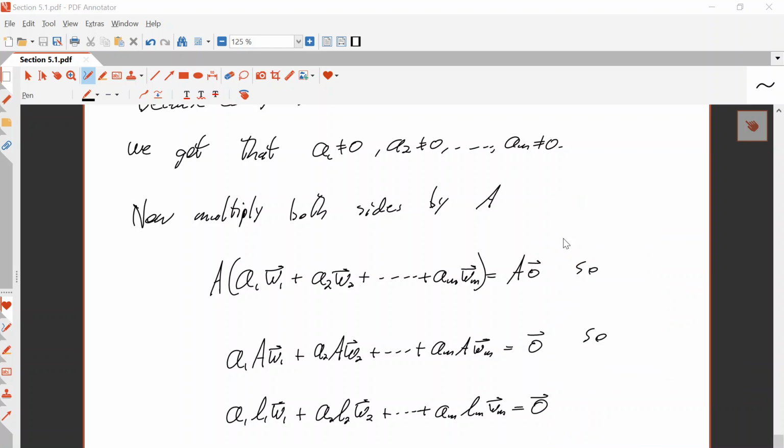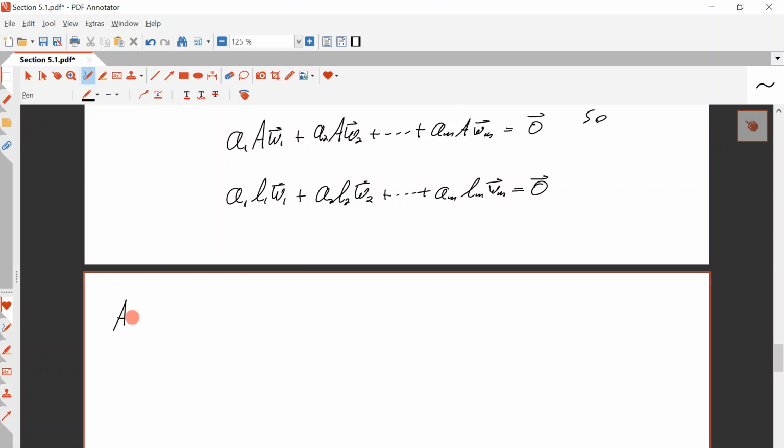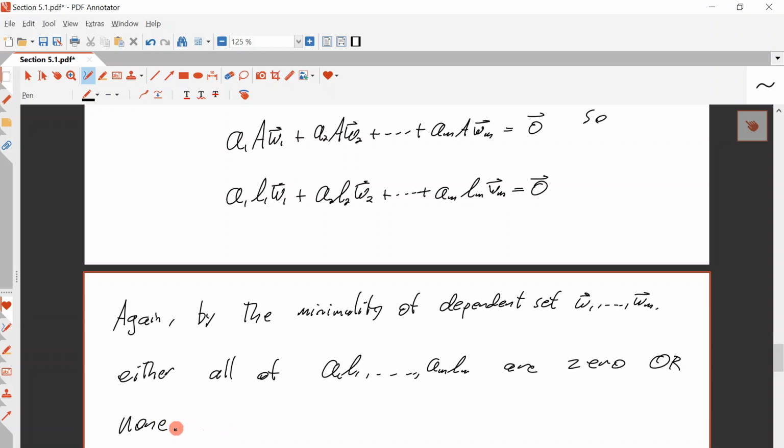Again, by the minimality of the dependent set W1 to WM, okay, either all of A1 L1 to AM LM are 0, or none of A1 L1 to AM LM are 0.